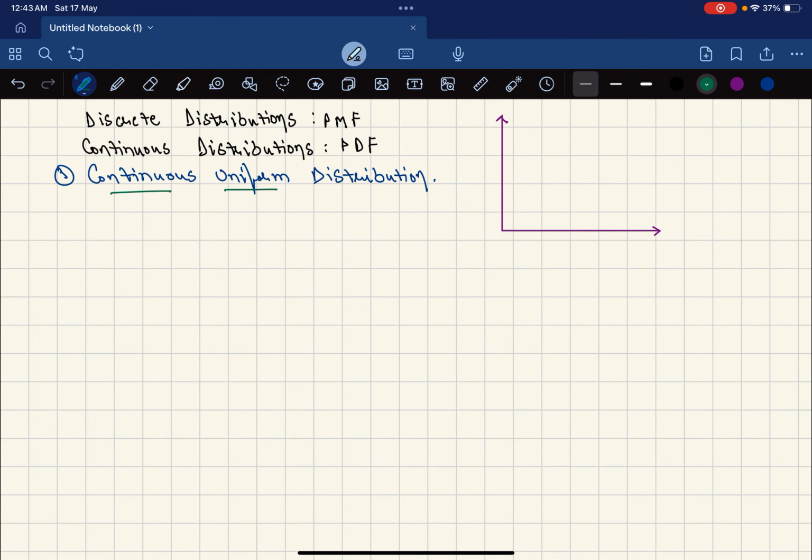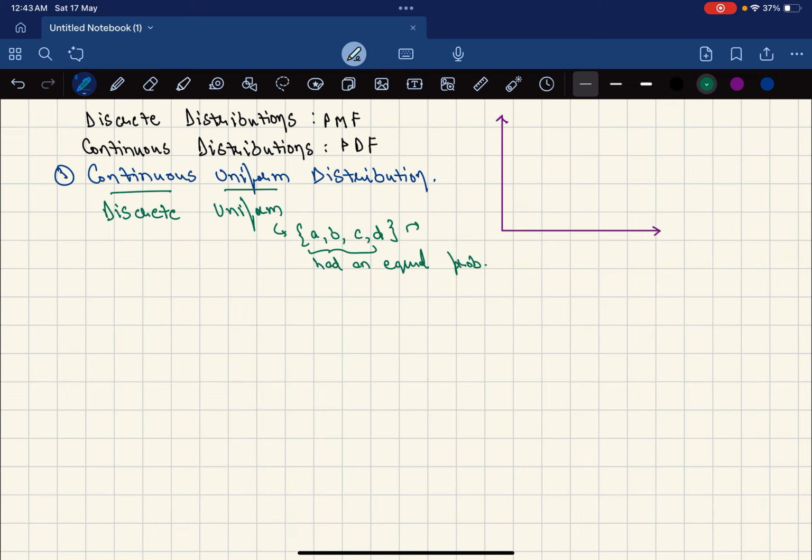So if you remember, we also had a uniform distribution in the case of discrete distributions. So we looked at discrete uniform distributions where we had a lot of values like A, B, C, D, and each one of these values had an equal probability.